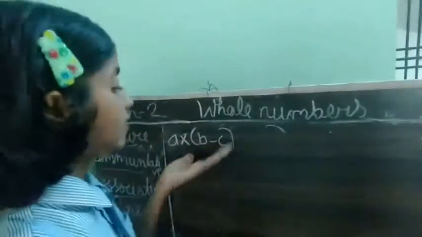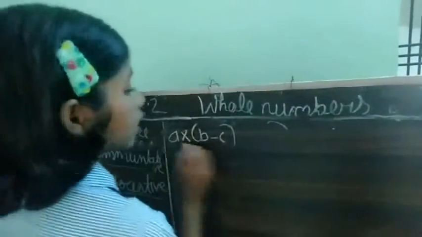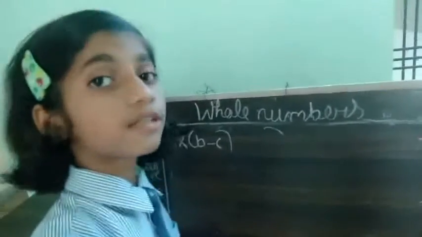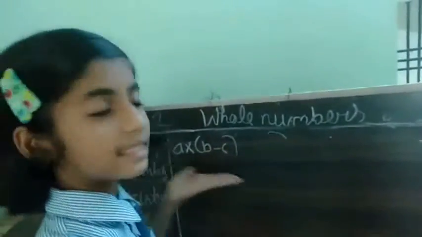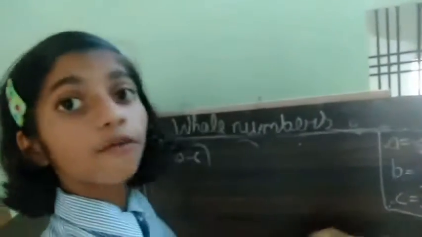Now we will solve it by method A. First we should take the values of these digits. The value of A is 4, the value of B is 3 and the value of C equals 2. These are the values.